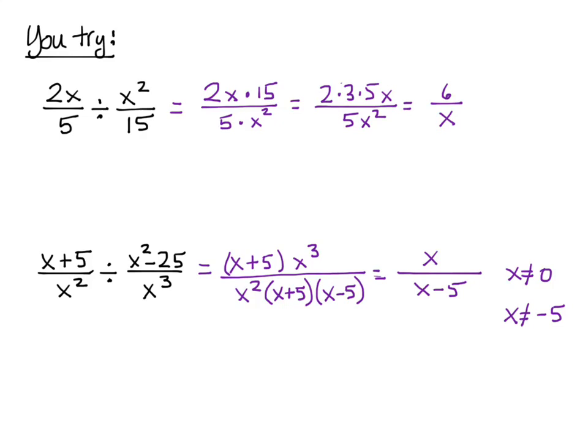Looks like a perfectly good number, but from where we started, it can't be, because then we're actually saying 0 over 0, or not a number. Okay?